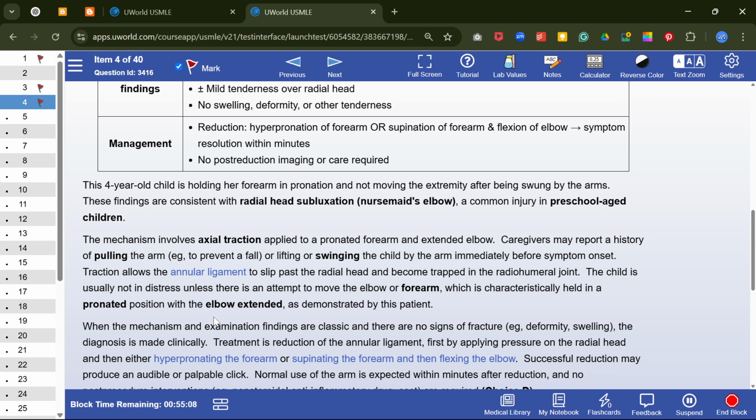These findings are consistent with radial head subluxation, nursemaid's elbow, a common injury in preschool age children.